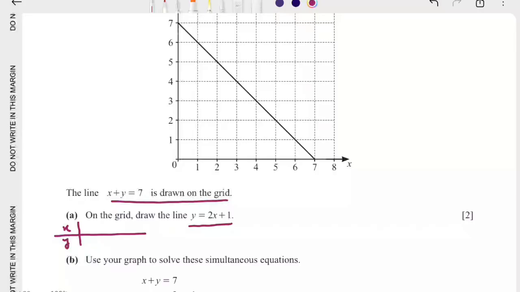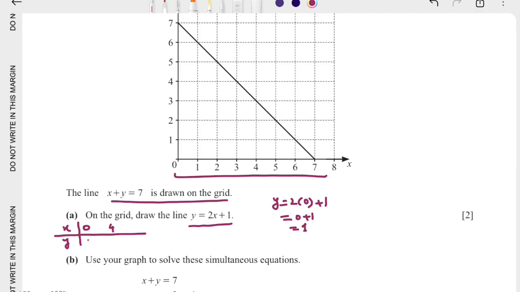Here we suppose some values of x. As your range is given in positive values, it is from 0 to 8. So we can have any two values. Let us take 0 and 4. It's up to you.